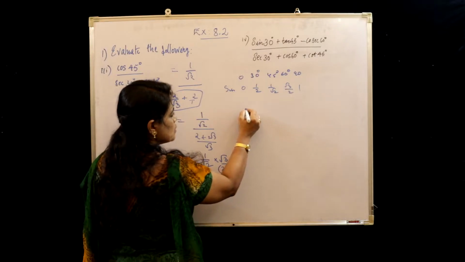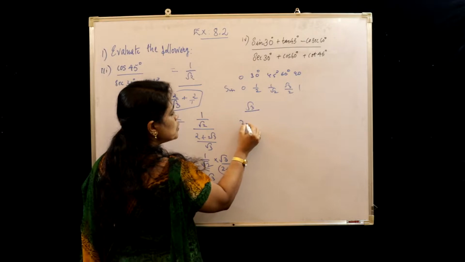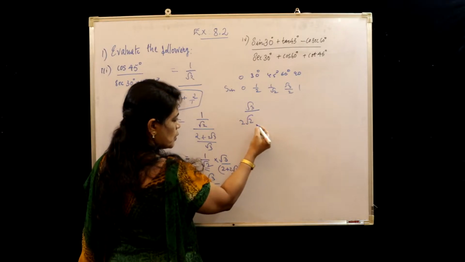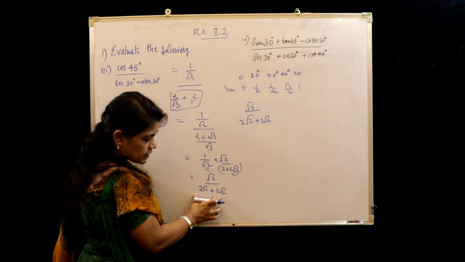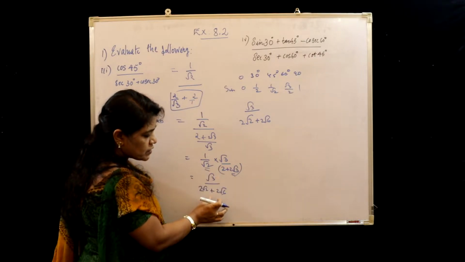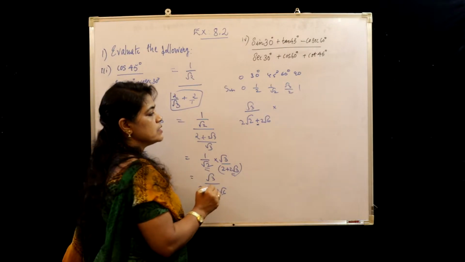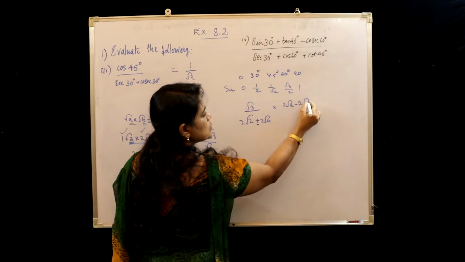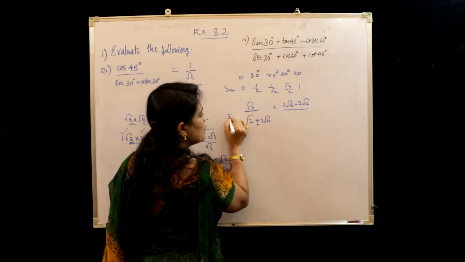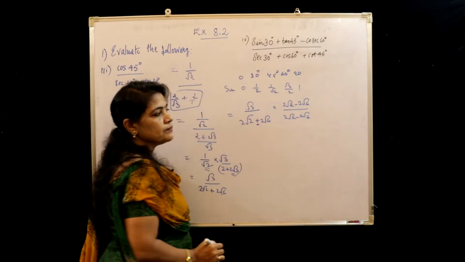That is root 3 divided by 2 root 2 plus 2 root 6, no change for the fraction which we obtained in the previous step, into, by changing this connection sign, 2 root 2 minus 2 root 6 divided by 2 root 2 minus 2 root 6.